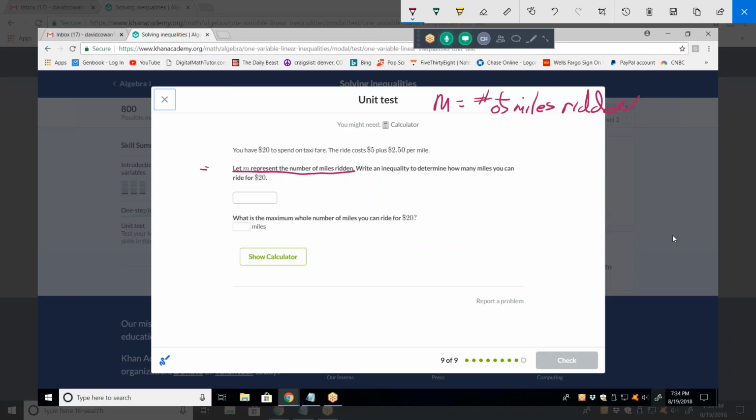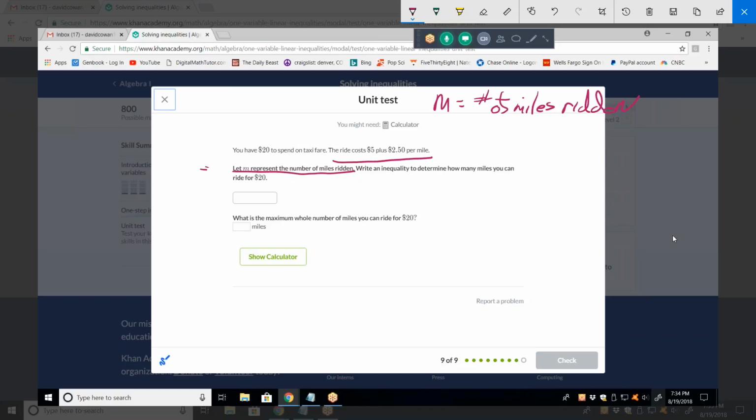The ride costs $5. Put that in an equation. Just that part. Forget that you used to have $20 to spend. We'll get to that.